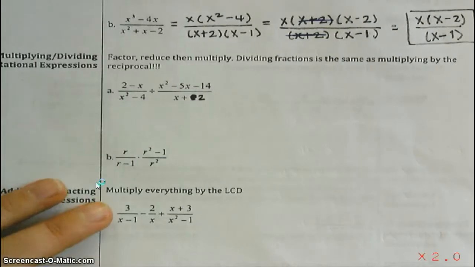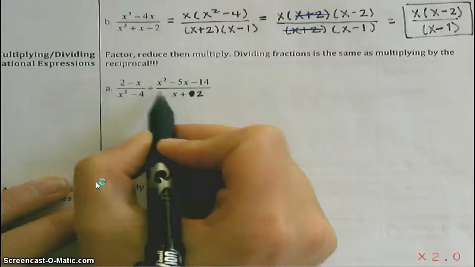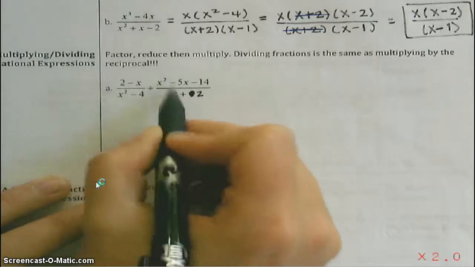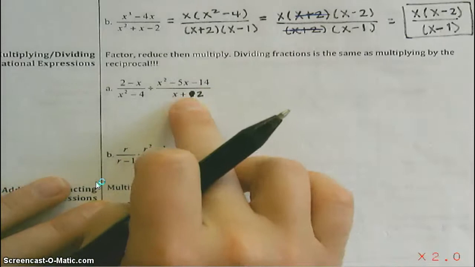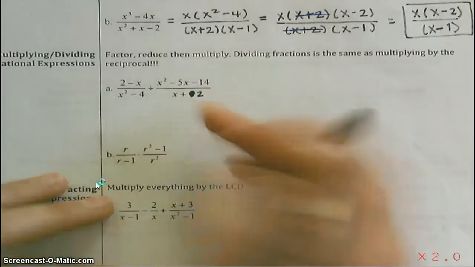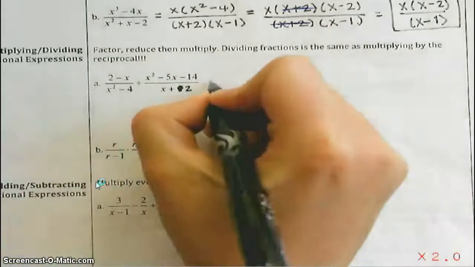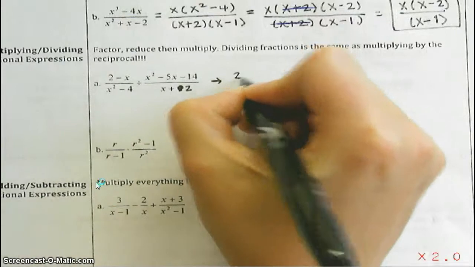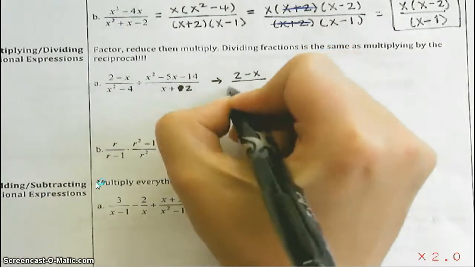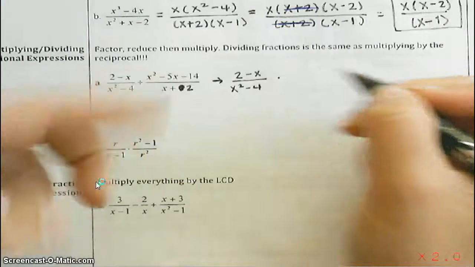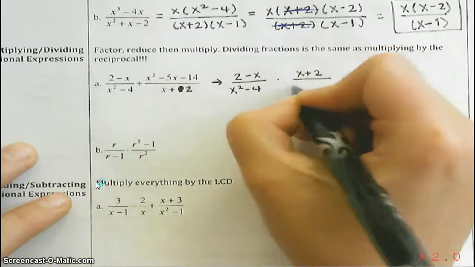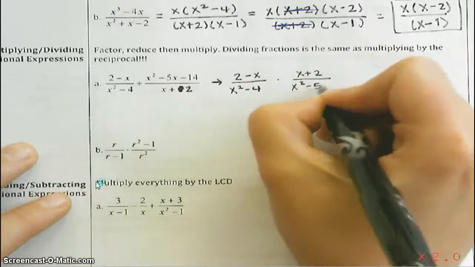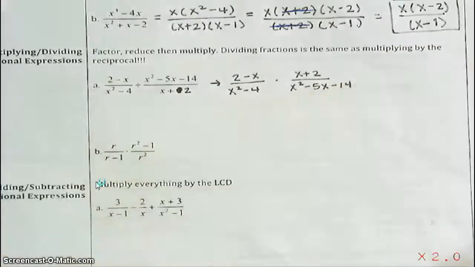To get us set up, instead of dividing by a fraction, it's good to flip the second part of this division problem and then multiply. So it becomes 2 minus x over x² minus 4 times, reciprocating the other part, x plus 2 over x² minus 5x minus 14.